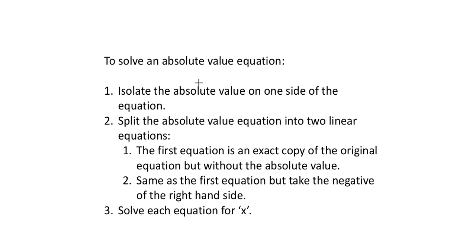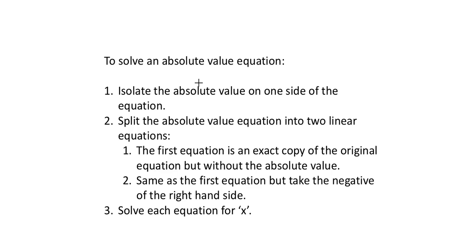And as we just pointed out, the first equation is an exact copy of the original, but without the absolute value. So you just copy the same equation down, but without the absolute value. That becomes your first equation. The second regular, ordinary, normal equation is going to be the same as the first one, but take the negative of the right-hand side. And then you solve each equation for x.